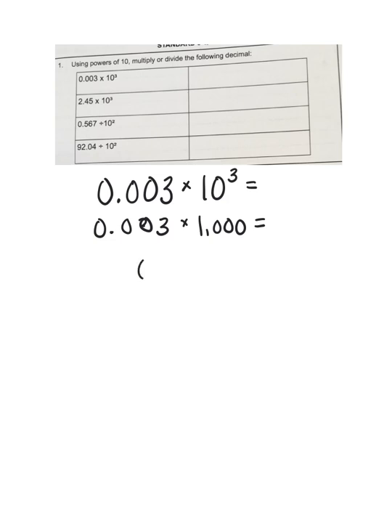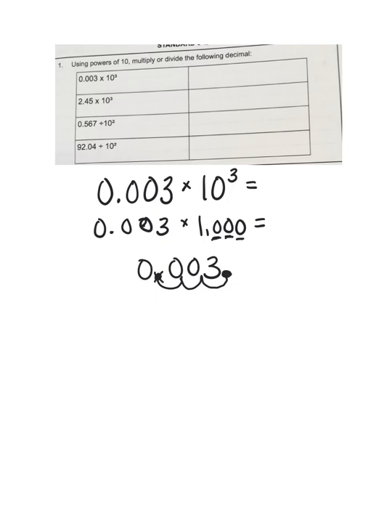Now the easiest way to do this is rewrite your number and then move your decimal point 1, 2, 3 place value positions to the right because we have 3 zeros in 1,000. So I'm going to move my decimal point 1, 2, 3 place value positions to the right.